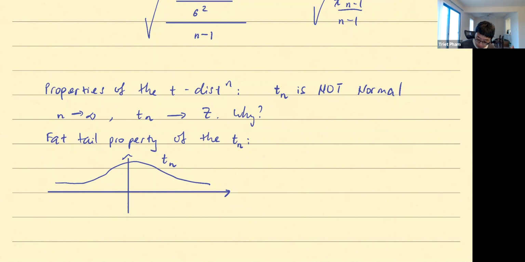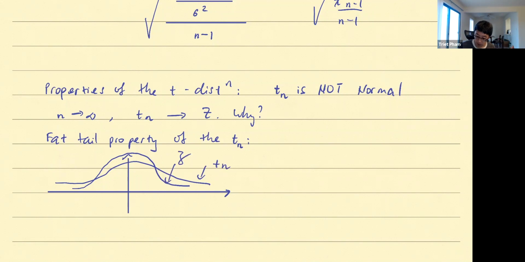Fat tail means that if you were to superimpose the graph of a standard normal and a t distribution, then this will happen. The t is the outside one, the one above, and the one below is the standard normal.